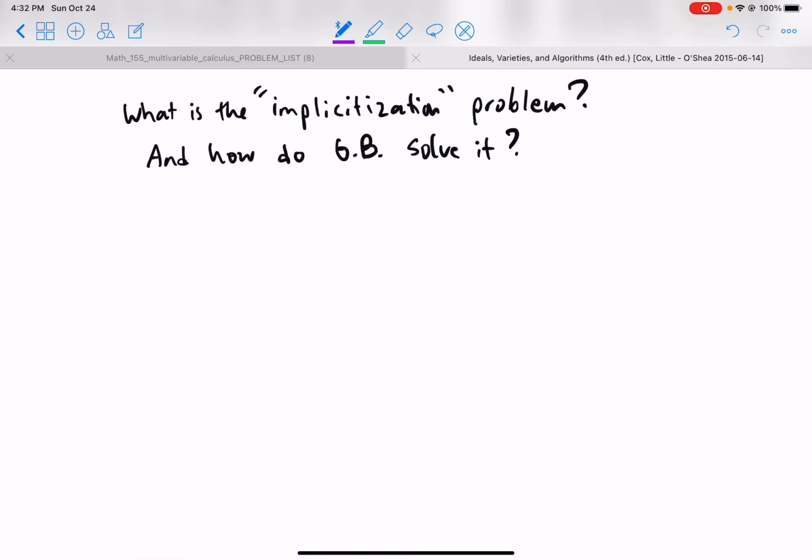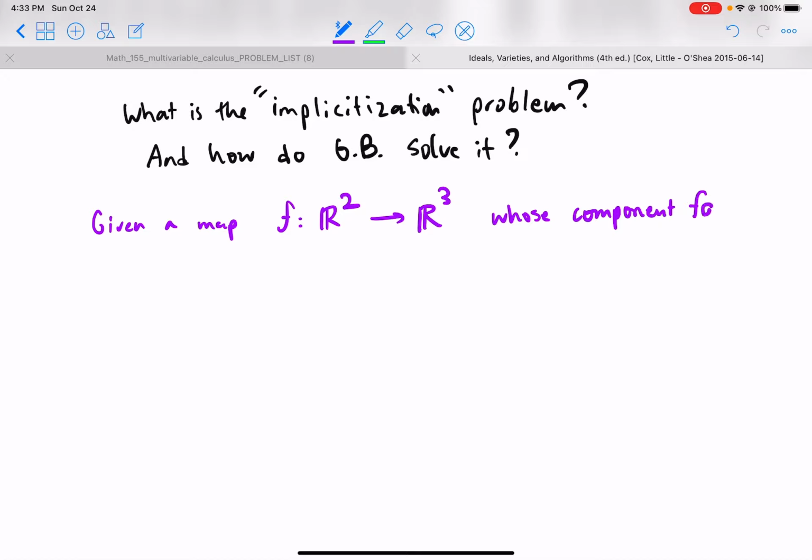Okay, hi everybody. So what is the implicitization problem? Well, given a map, let's say a map from R2 to R3, whose component functions are polynomials.